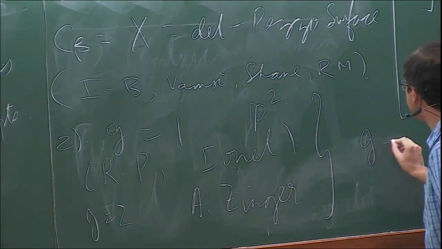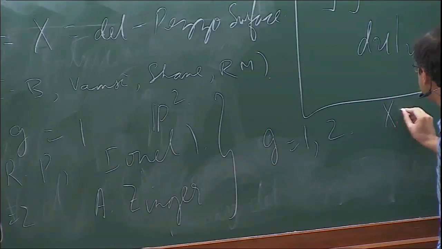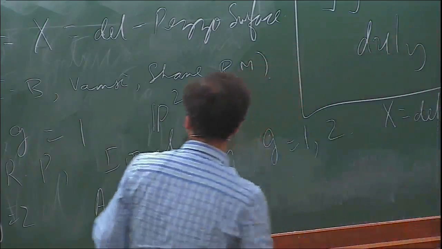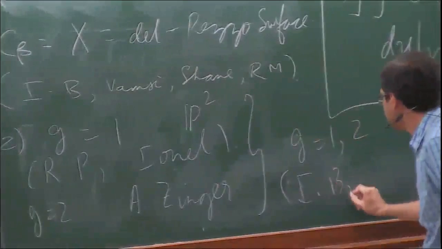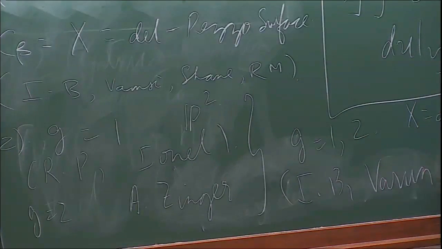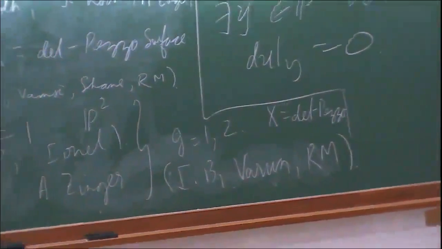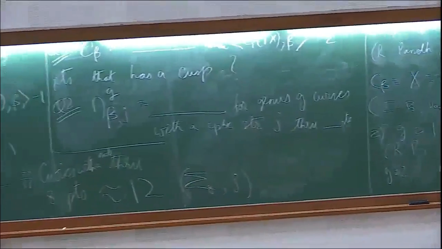And so for G equal to both 1 and 2, by extending Zinger's method, and X is any del Pezzo, we obtain a formula for this, and this is again by Indranil, Varun Thakare, and myself. If I get some time, I'll talk about this, but I want to mainly talk about this question.